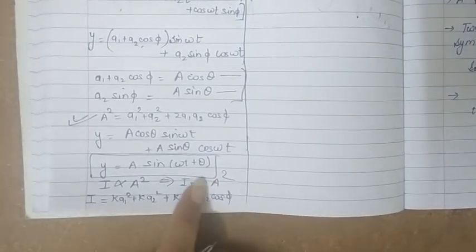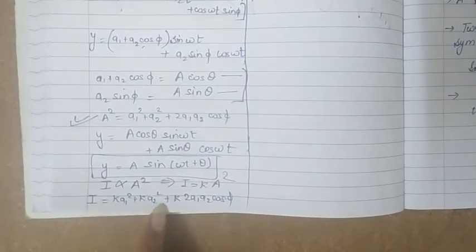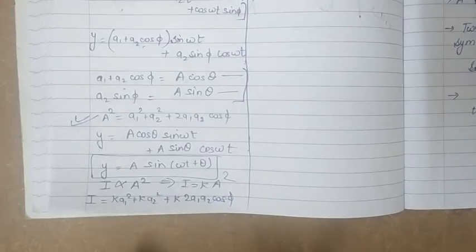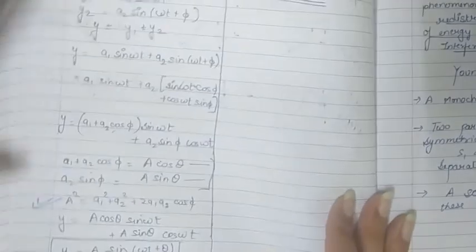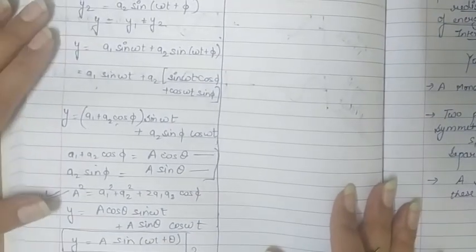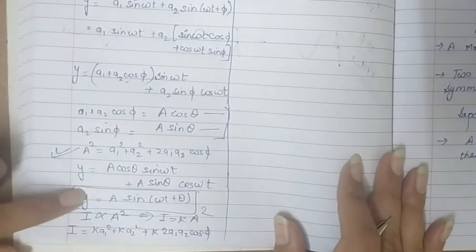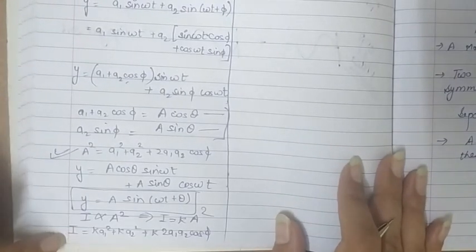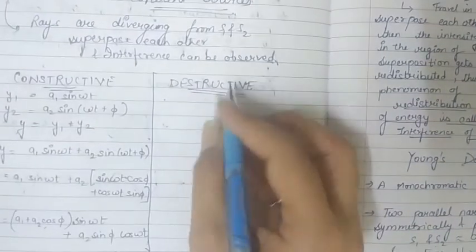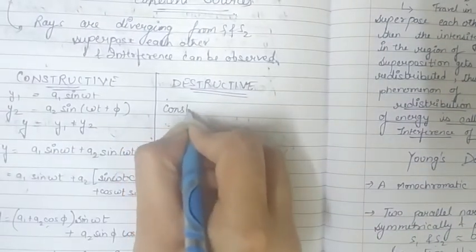Now we have to maximize it for constructive interference and minimize it for destructive interference. In both cases this relation will remain the same. The answers for amplitude square, wave equation and intensity will remain the same. So we are first talking about constructive interference.